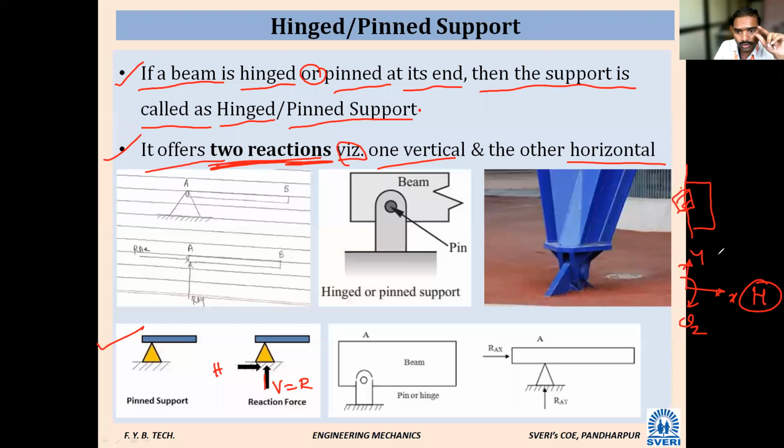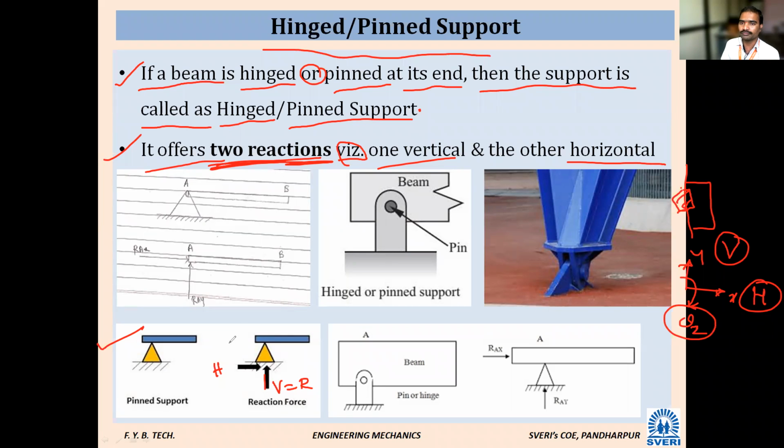No, it will not move, which means there is a vertical reaction. But it rotates, there is a theta. When there is a rotation, there is no moment here, which means moment is zero. So what are the reaction components? Horizontal reaction and vertical reaction for pinned or hinged support.